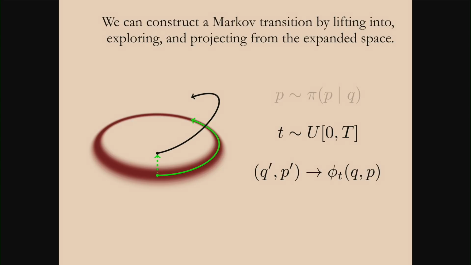So these trajectories that we've constructed cast a shadow that moves through the typical set. And it's the shadow that's actually giving us the acceleration that we want. All right, so at the end, we project back down. We get a point q prime that's in the typical set, but very, very far away from where we started. Much, much more efficient use of our precious computation than trying to diffuse all the way over there.